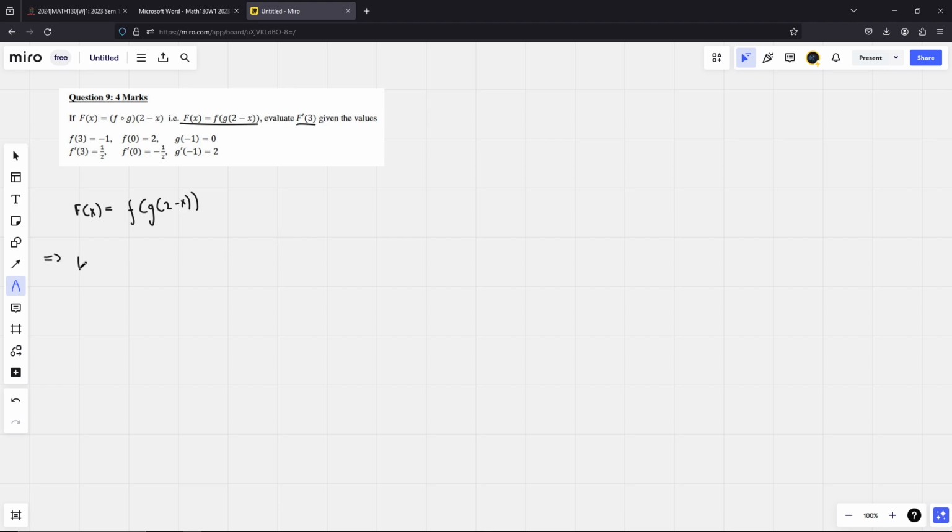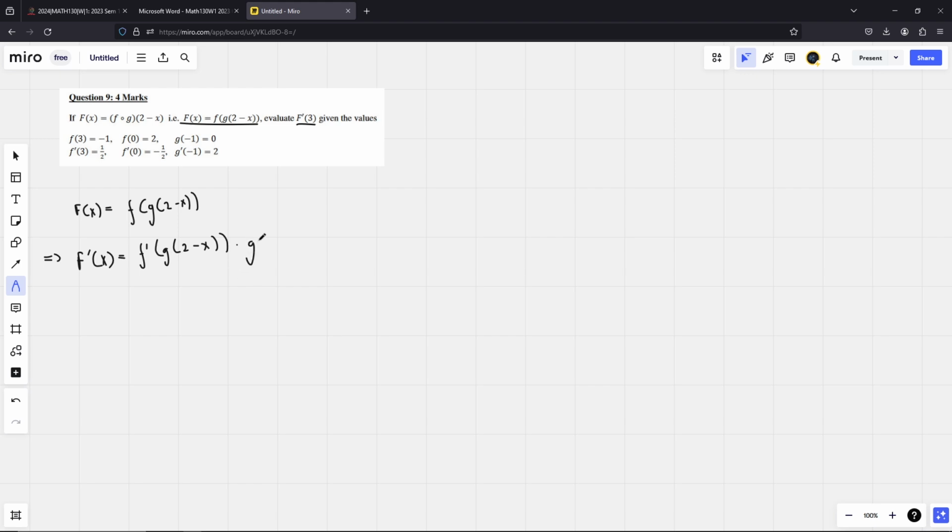So let's take the F prime of x as a first step. Now if I do that using the chain rule, I'm going to take the derivative of the outside function, and I'm going to keep multiplying it by the derivative of what's inside the bracket.